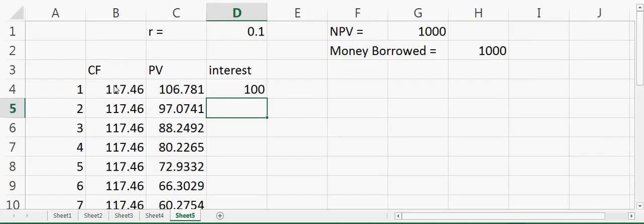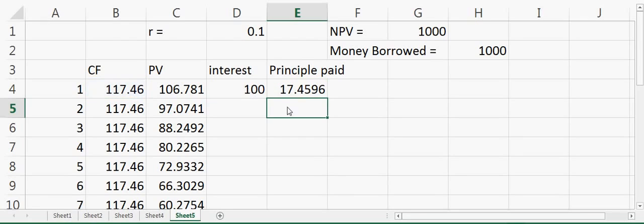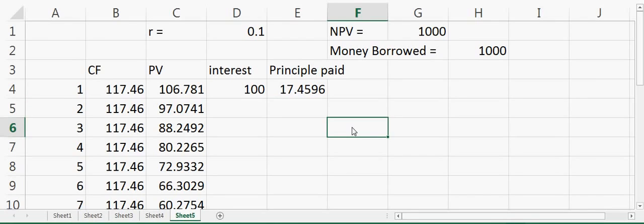So principal paid will be equal to cash flow minus the interest payment. That is equal to $17.45. So he only paid a principal of $17.4596. So what will happen next year?